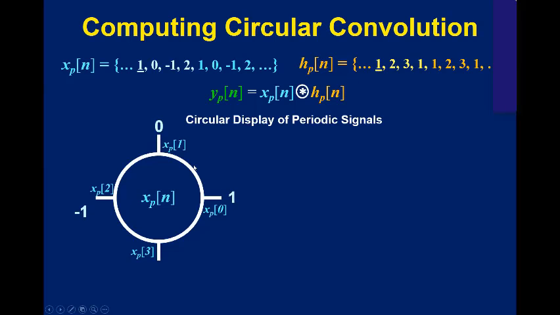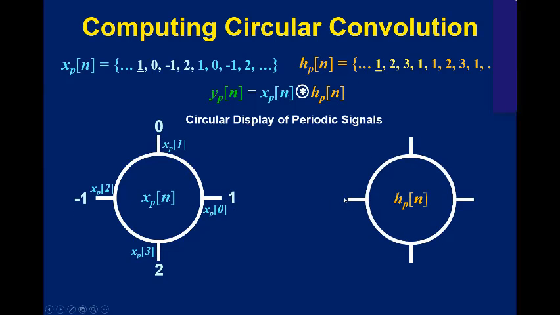My h of n then would be similarly, we put our n equals 0 value over here and go around counterclockwise. So I would expect to see 1, 2, 3, and 1 on this one. And 1, 0, minus 1, 2 for x.